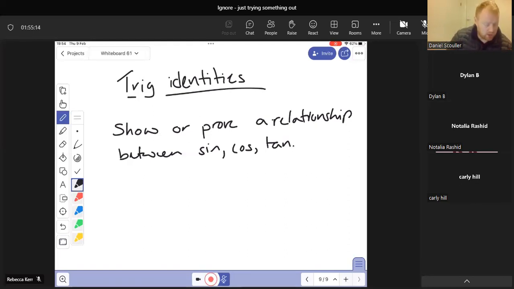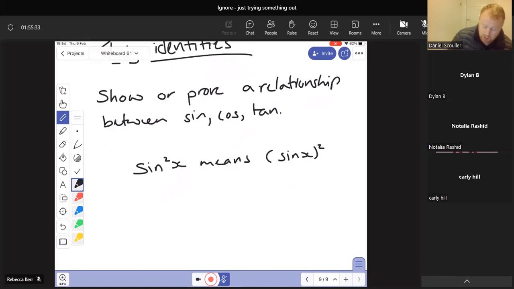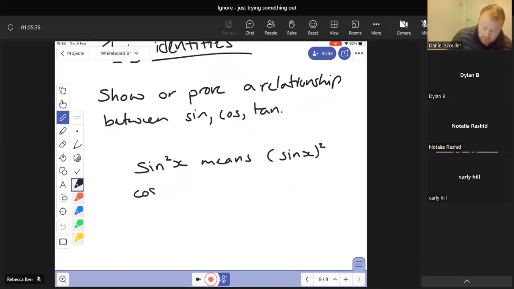Now, before we go into this, just a quick note. When I write sine squared x like that, that means the exact same as sine x squared. All right, so that will become important later on.